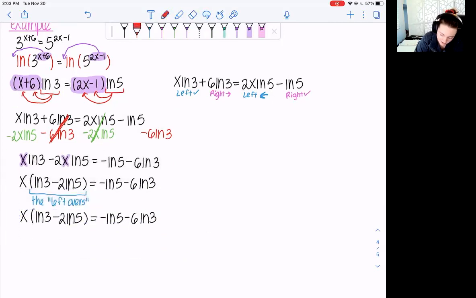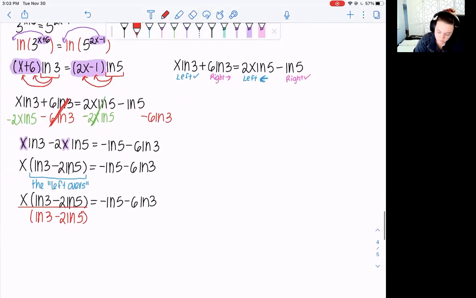So I am dividing this side by ln 3 minus 2 ln 5. And I am dividing the other side by ln 3 minus 2 ln 5. So they cancel over here. And just so I'm very, very clear here, it's canceling because it's an entire factor.